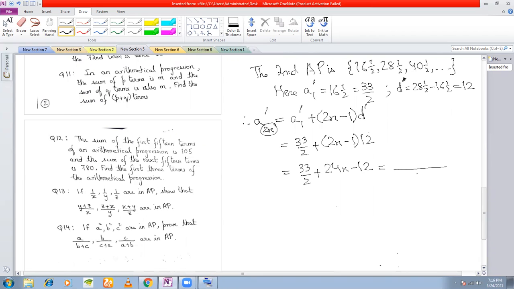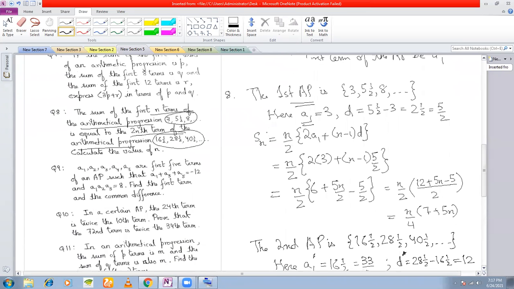Now take the LCM here, 2, 33 plus 48n minus 24, right? So how much are we getting here? It is equal to 33 minus 24 is 9 plus 48n by 2, which is equal to 9 by 2 plus 24n, right? So this is the 2nth term.